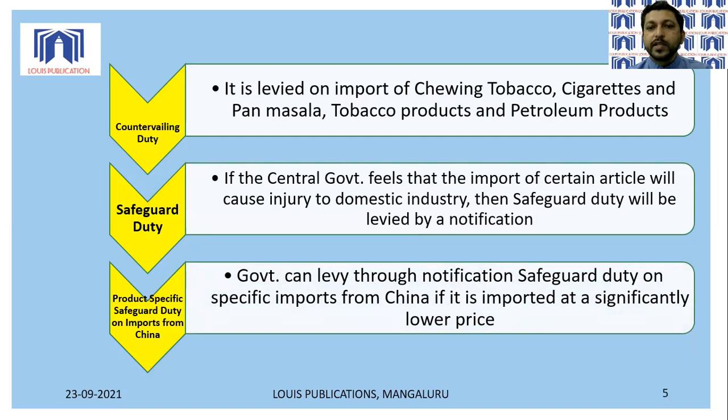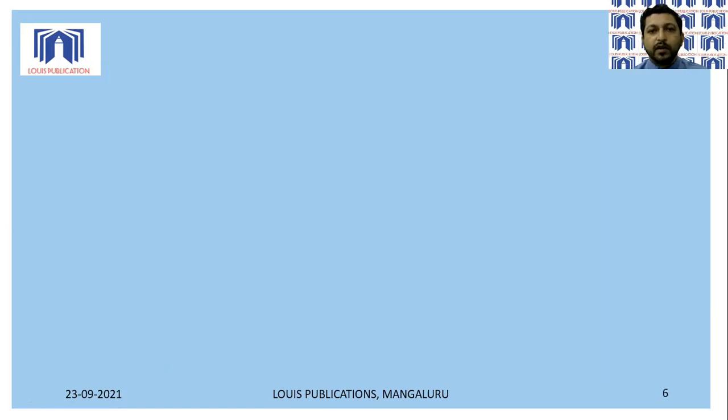So once again, if there is a certain item imported from China, and if the government feels that it is going to damage or have an adverse effect on the activities or sales or turnover of domestic industry, once again through a notification, the government would levy safeguard duty. That is for specific imports from China. So if it is imported at a significantly lower price, so that the domestic industry doesn't suffer, an equilibrium is maintained as far as price is concerned, product specific safeguard duty on imports from China is levied.